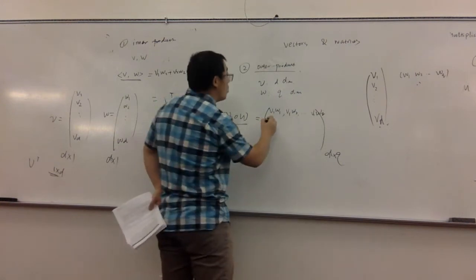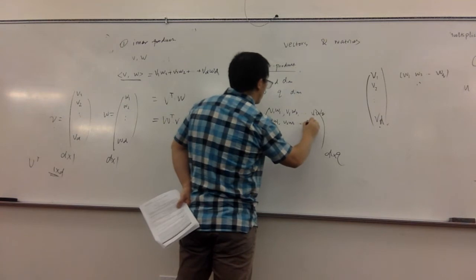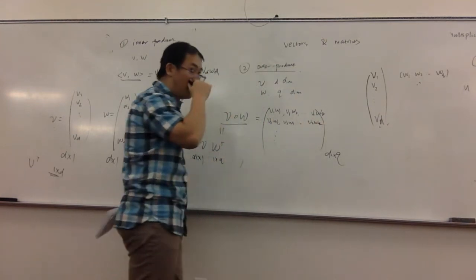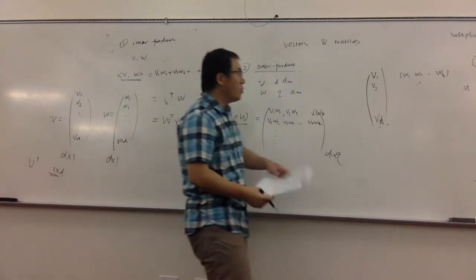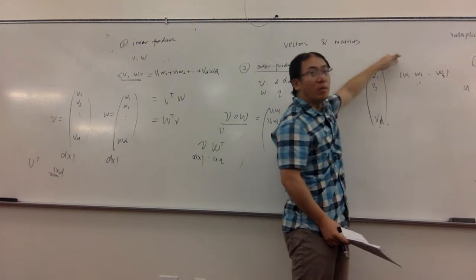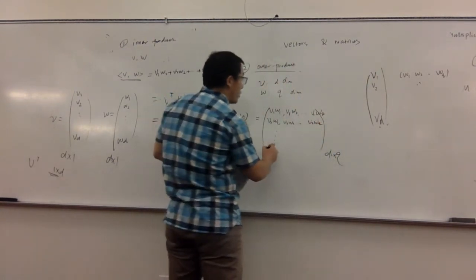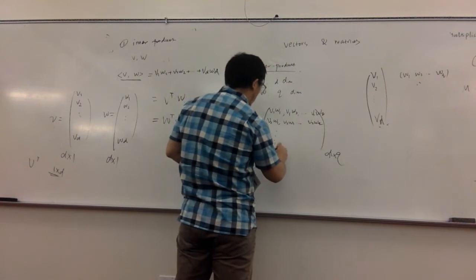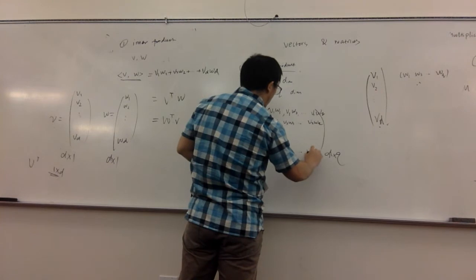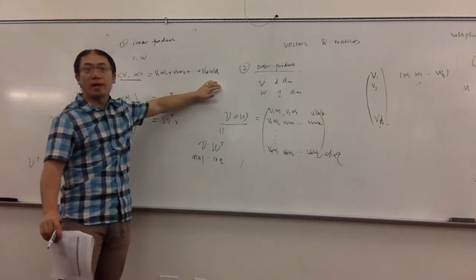And similarly, the second row will be V2 W1, V2 W2, until V2 WQ. You just enumerate all possible products between the elements in V and W, and arrange them in this matrix. So the last row would be VD W1, and so on. So this is the definition for the outer product.